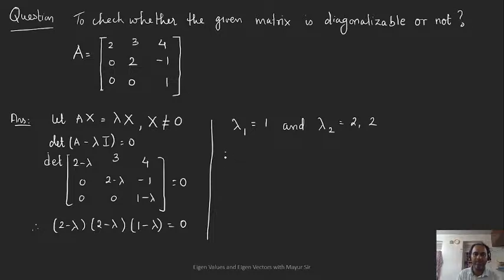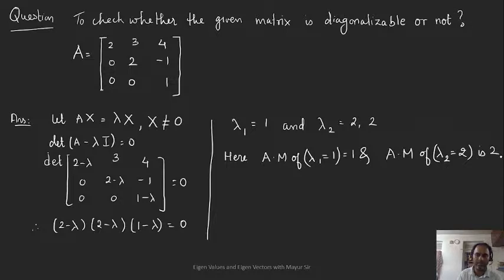So we can say the algebraic multiplicity of lambda 1 is 1, and the algebraic multiplicity of lambda 2 is 2.